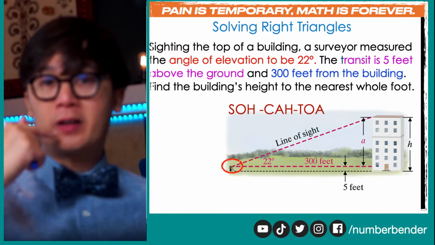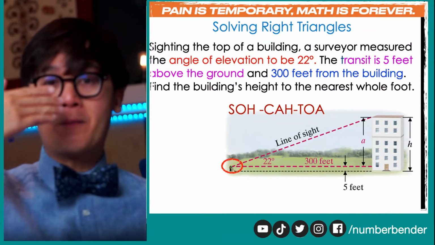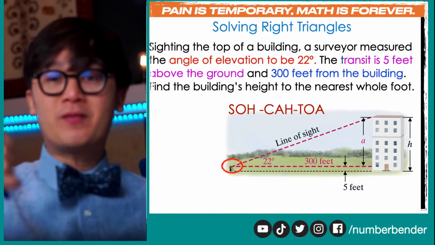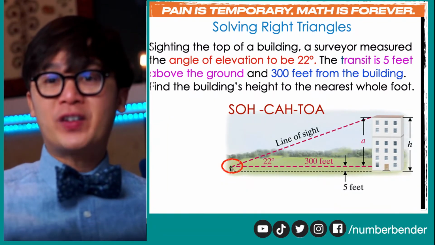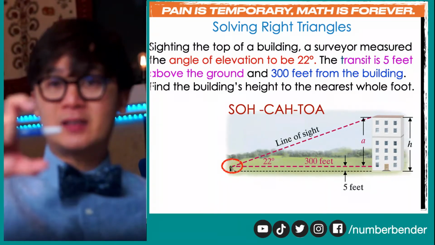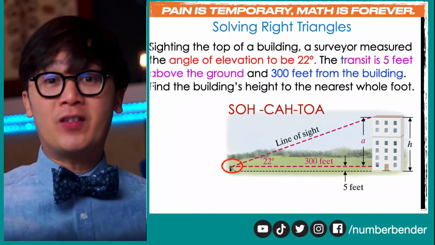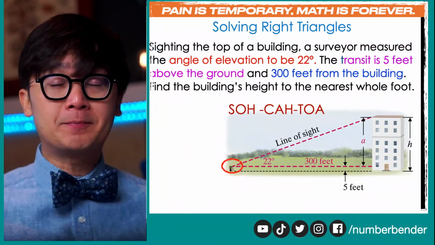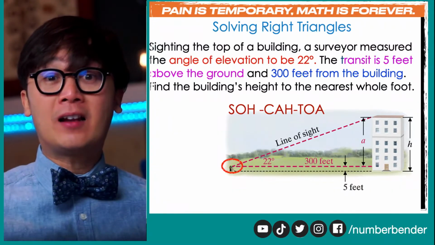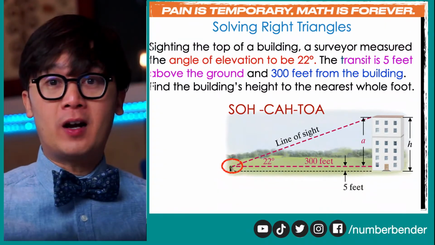And we are also given the distance from us to the base of the building, which is 300 feet. The 5 feet transit is also given in the problem, and we are going to use that later so that we can add it to the calculation.